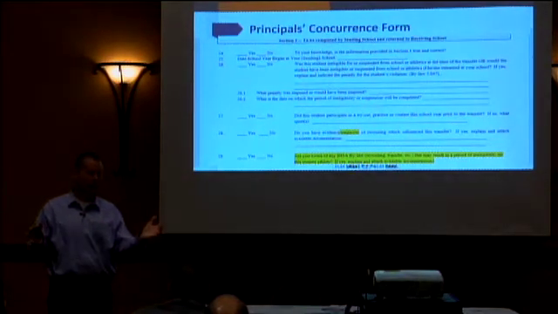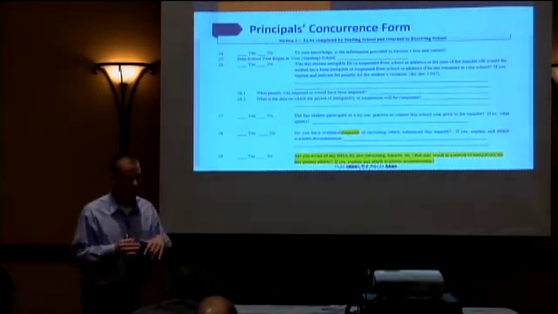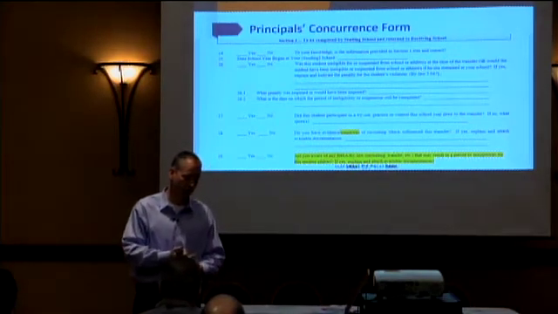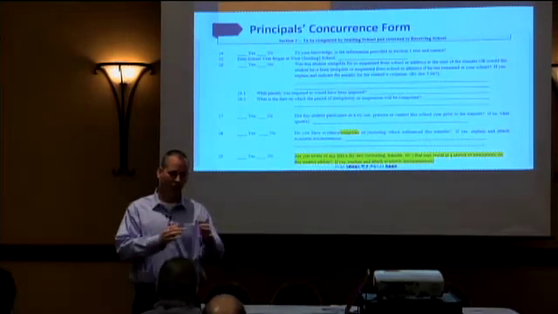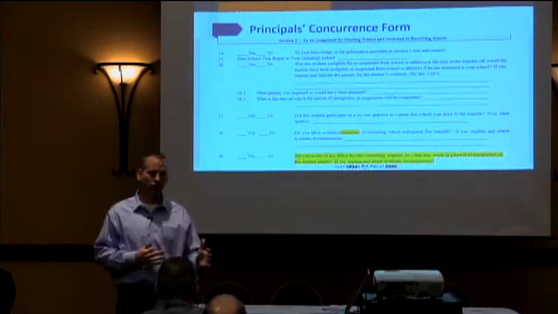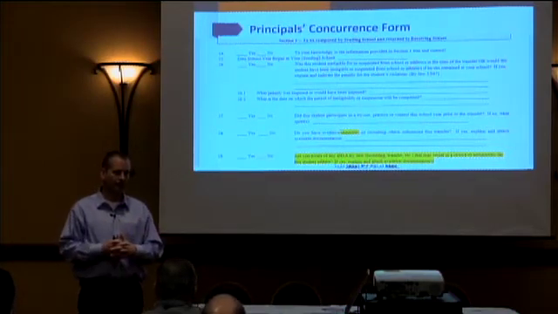They're not transfer students, so the concurrence form is not required. All you want to know about a freshman student is that they're residing in your district and they're residing with their legal guardian. That's important. And if there's a little bit of question, they're only with a single parent, especially if they're a good athlete, you might also want to know if there's a custody agreement.